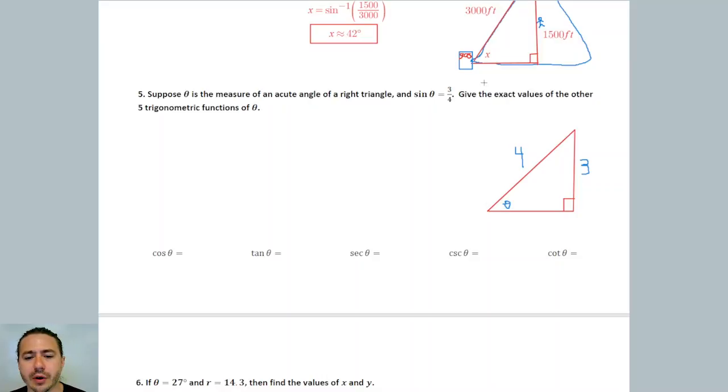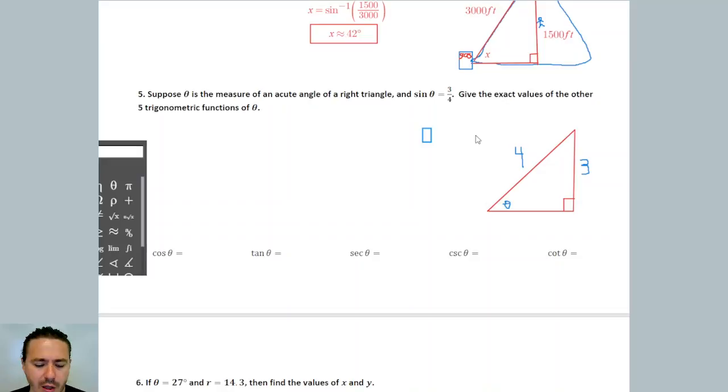So anyway, find the exact values of the other 5 trig functions of theta. Normally we would use the Pythagorean theorem to find this missing side. So let's go ahead and do that. We've got 3 squared plus that adjacent side squared equals 4 squared. So that'd be 9.